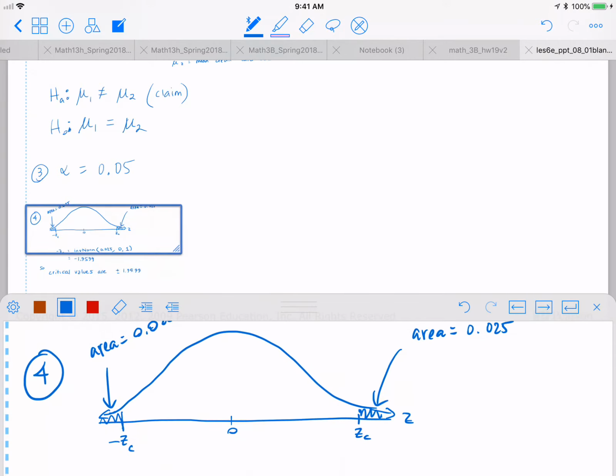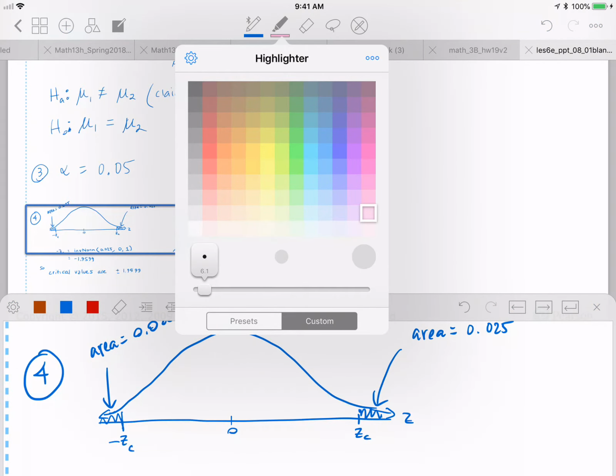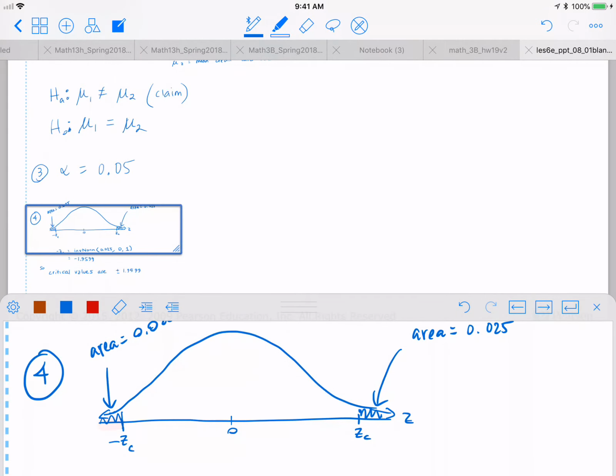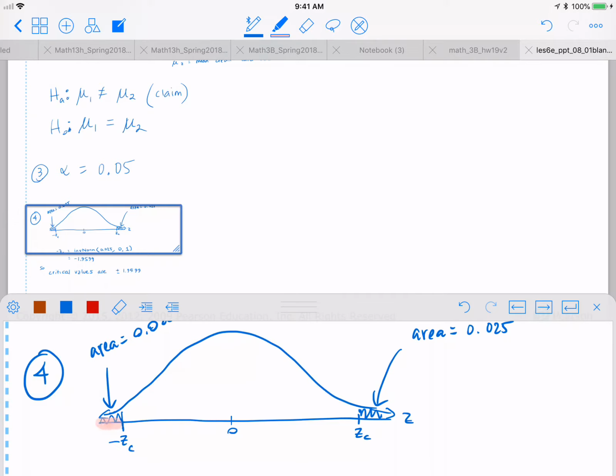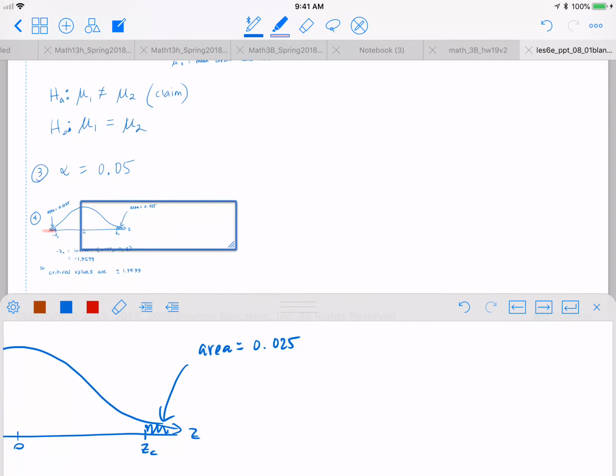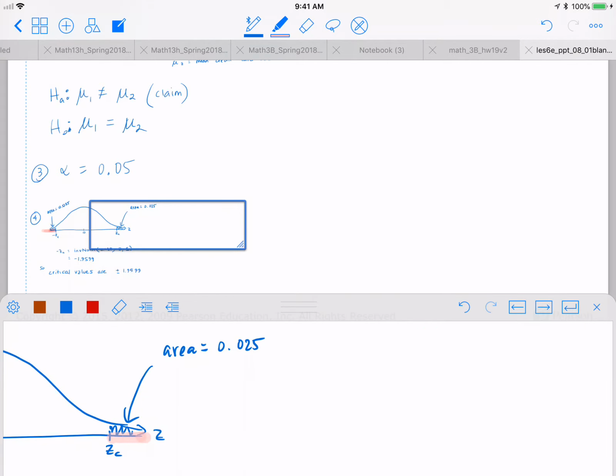And my rejection region, therefore, is any number that is less than negative 1.9599 or greater than 1.9599.